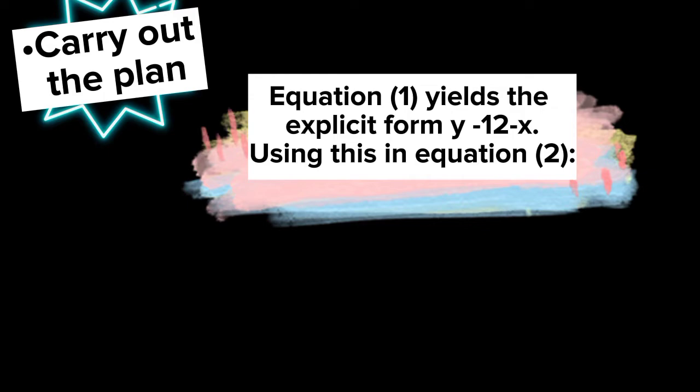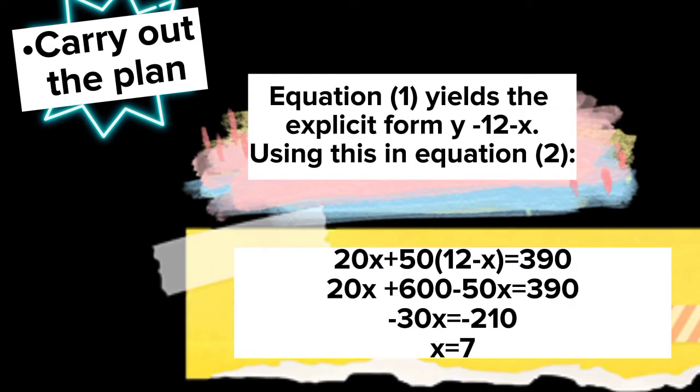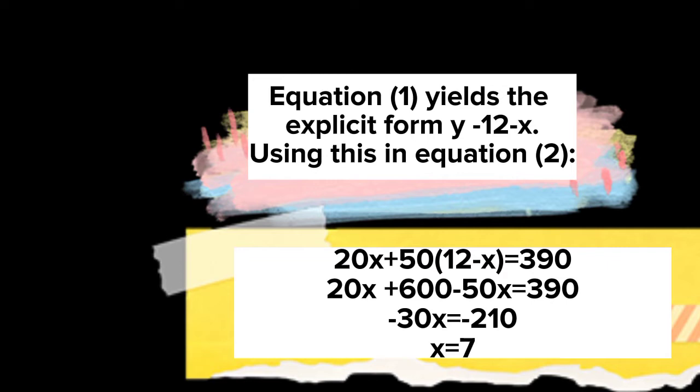Using this in equation 2, 20x plus 50 times 12 minus x equals 390. 20x plus 600 minus 50x equals 390. So we need to compute 20x minus 50x.